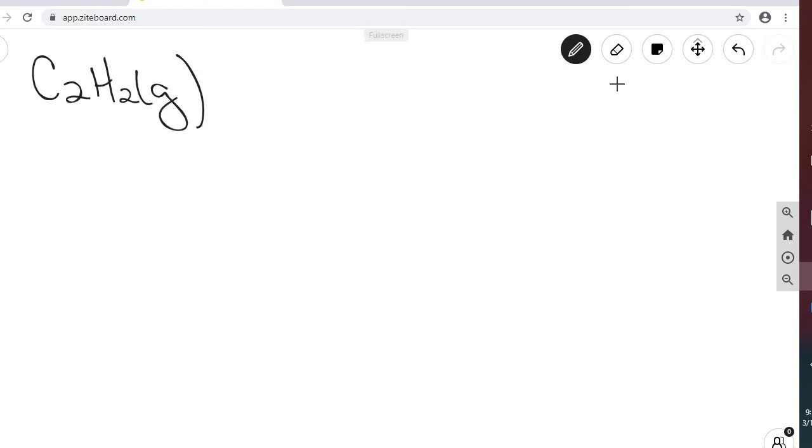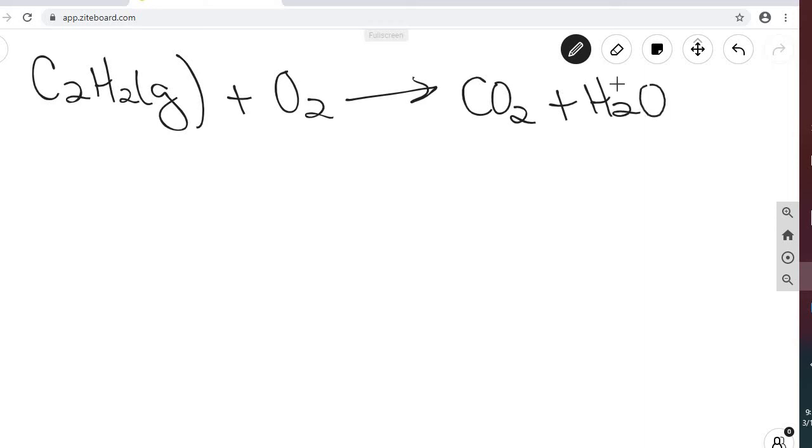So complete combustion of C2H6 means that we would add oxygen to it, and then we're going to end up with CO2 and water. Okay, so first thing we have to do is balance this chemical equation. And so to do that, I'm going to put a 2 here.